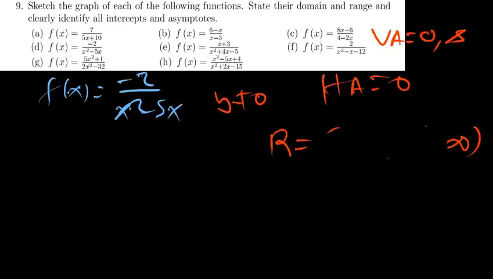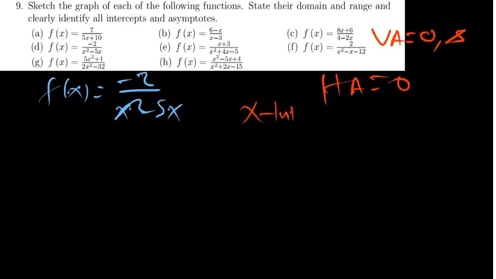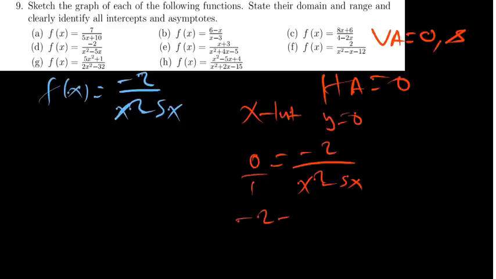So that is my range. Now I have my horizontal asymptote and vertical asymptote. Now I'm remaining with the x and y intercept. To find the x-intercept, y has to be 0. So it's going to be 0 is equal to negative 2 over x squared minus 5x. If I cross multiply here, I'm going to have negative 2 is equal to 0. X is not existing here, so we don't have an x-intercept. You say no x-intercept.